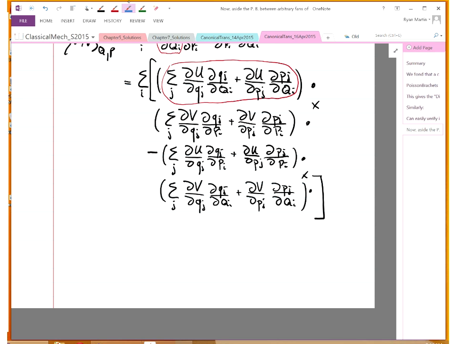I'm going to focus in particular on the terms that have ∂U by ∂q_j and then ∂V by ∂q_j. So basically I want all the terms that have U's and V's divided by ∂ lowercase q_j's. So I have one there and one here. And in the second term I have one here and I have one here.